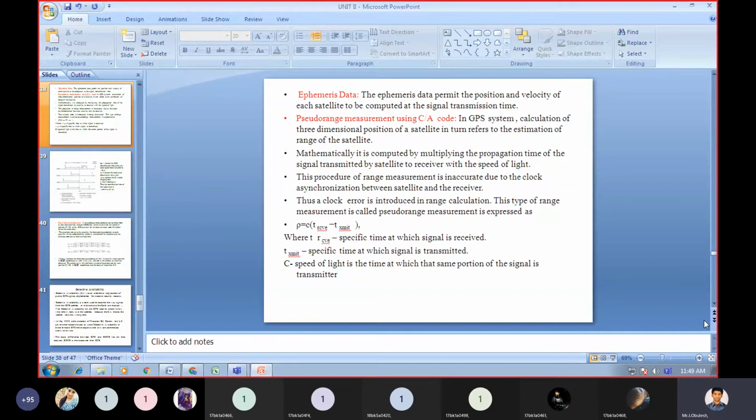Mathematically, it is computed by multiplying the propagation time of the signal transmitted by the satellite to the receiver with the speed of light.